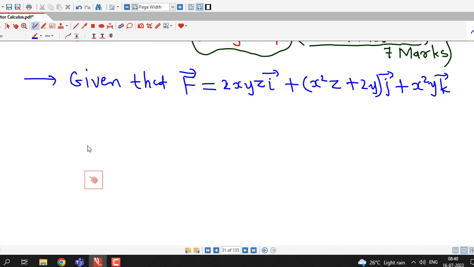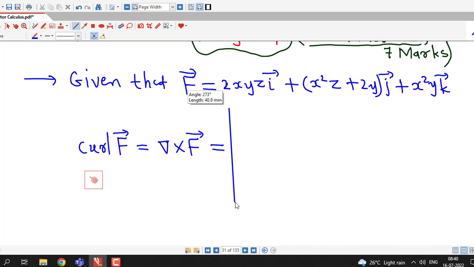And by the definition of curl, we know that curl of f bar is the vector product of del operator with vector f bar, and this vector product is given by a determinant. First we write down the sign of determinant.